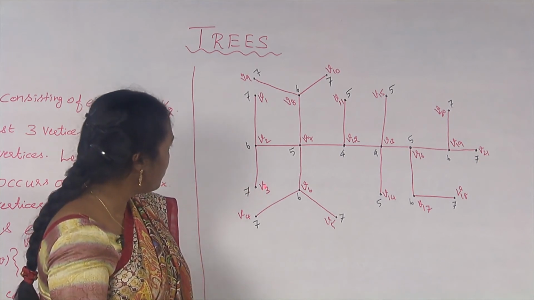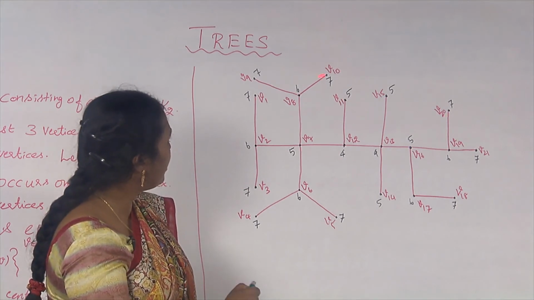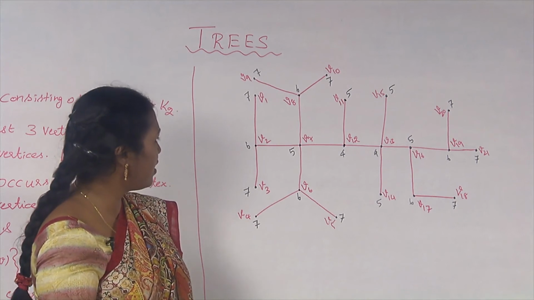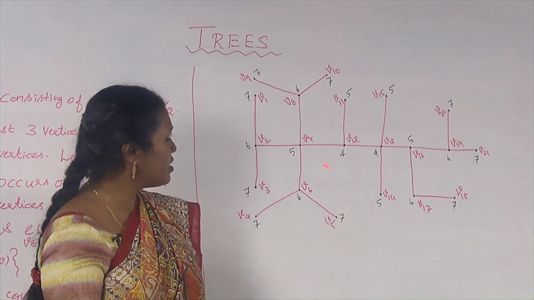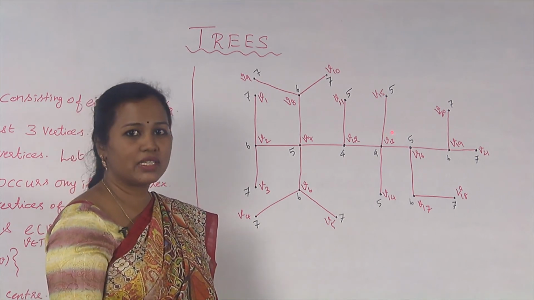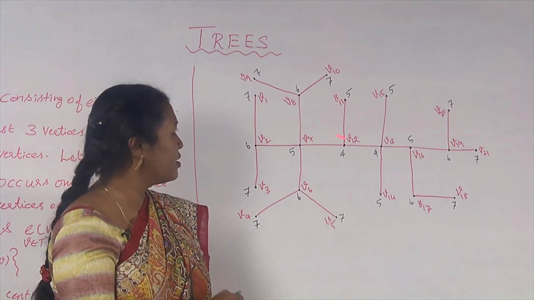And so V3, V1, V21, V20, V9, V10, all these are end vertices, and all of them have the maximum eccentricity, which is 7. The other vertices, of course, you calculate the maximum distances and you write the eccentricities close to that vertex.